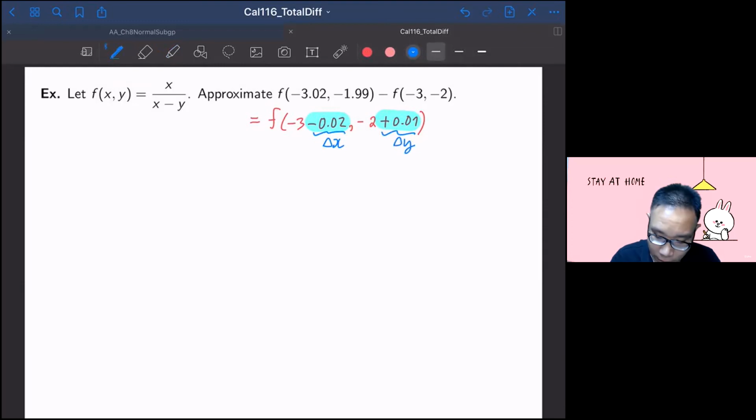Negative 3 will be your x and negative 2 will be your y.